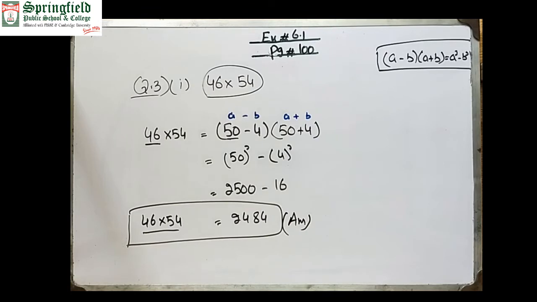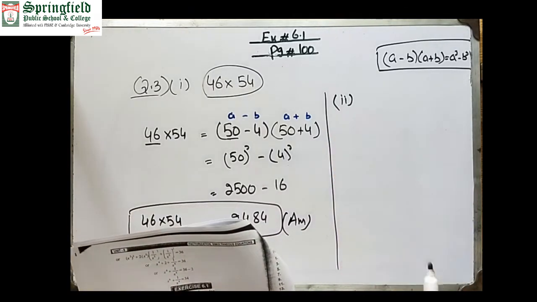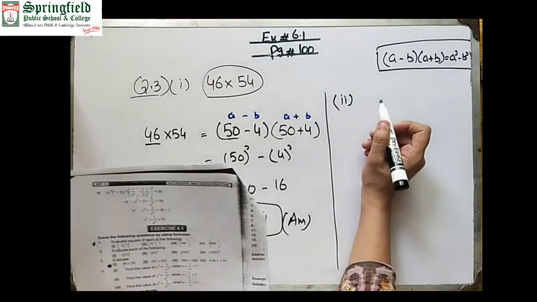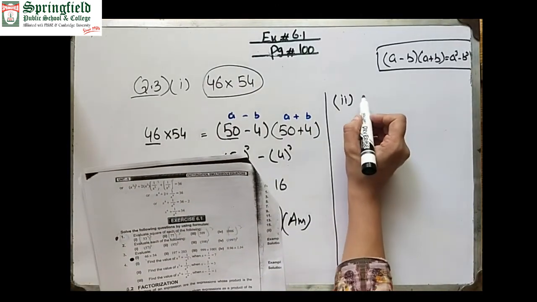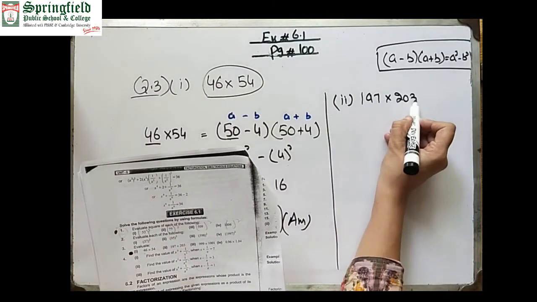Understood, beta? Okay. Now come to the second part of question 3. I will give you just hints, fine, and you will solve all these parts by yourself in your notebook. Okay, 197 multiply 203.